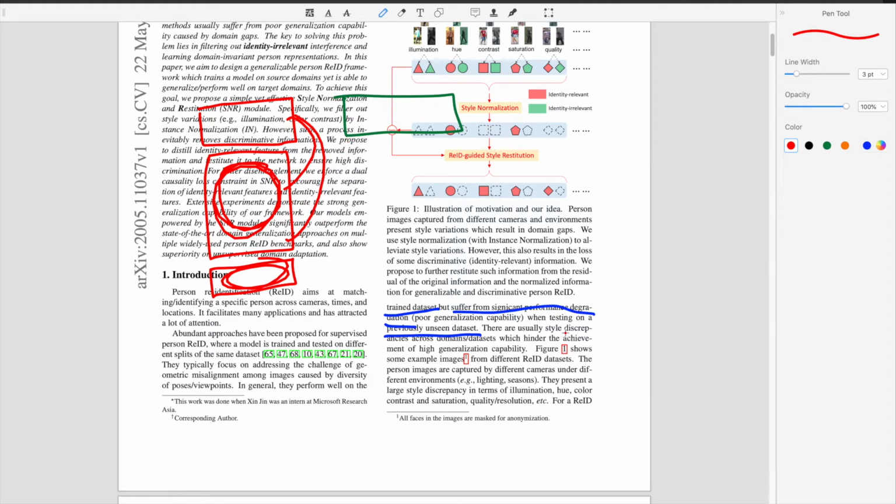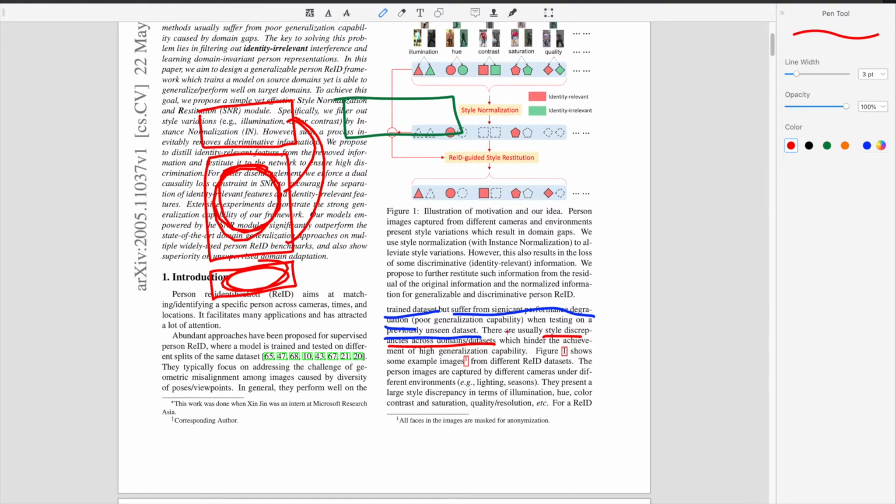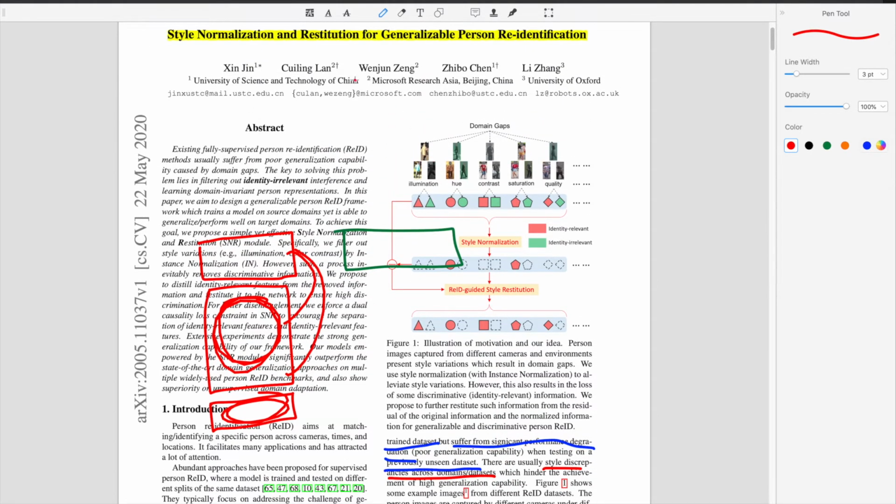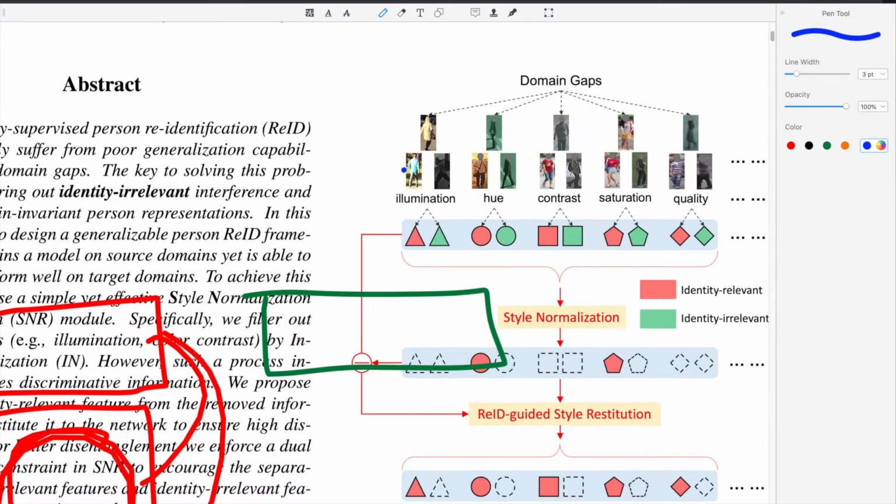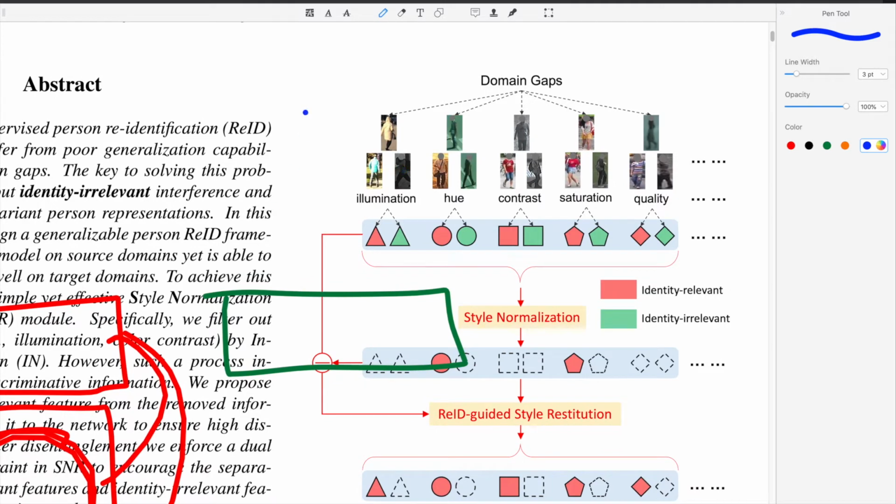These style discrepancies across domains and datasets usually hinder the achievement of high generalization capabilities. So for ReID, it is important to mitigate this domain gap in real-world datasets, such as differences in illumination, hue, contrast, saturation, or quality.